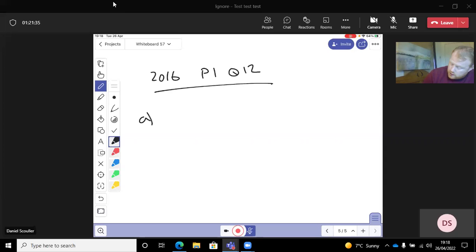Okay, expression A, 2x plus 1 multiplied by x plus 8 is equal to area.